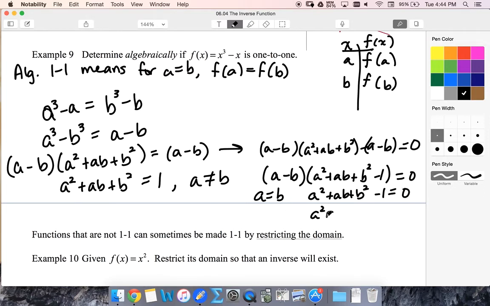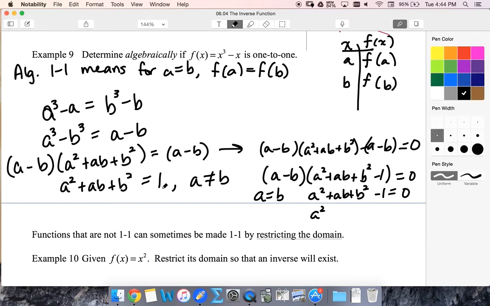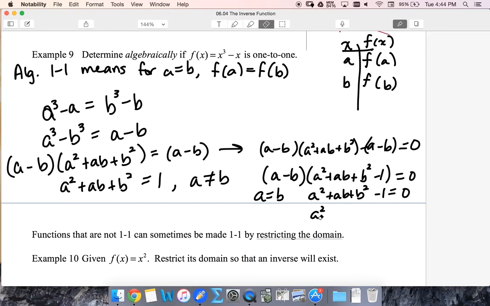I'm going to be left with this again, a squared plus ab plus b squared equals 1 when I move that minus 1 over. So I'm just going to work over here.